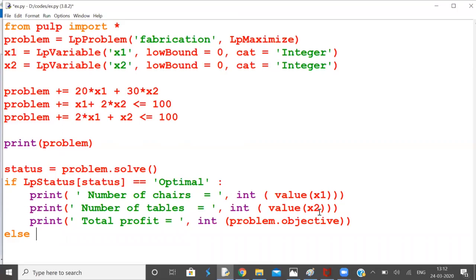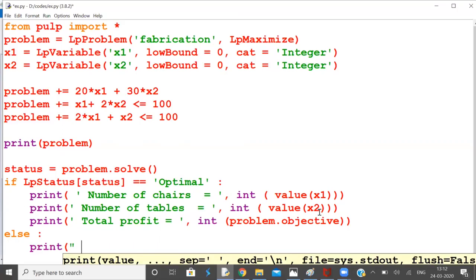Else print the solution is, print no optimal solution exists.